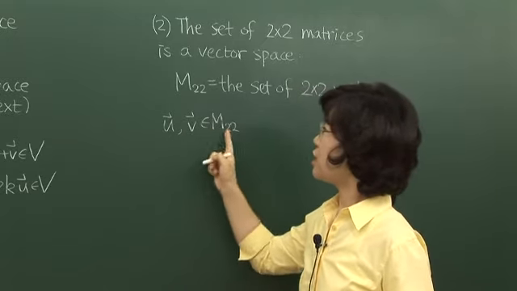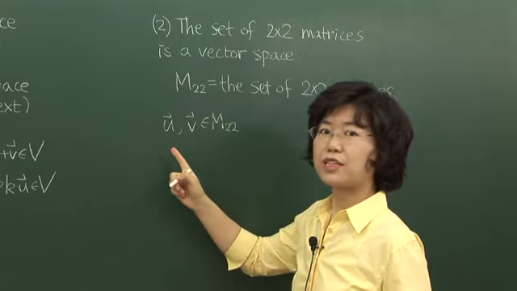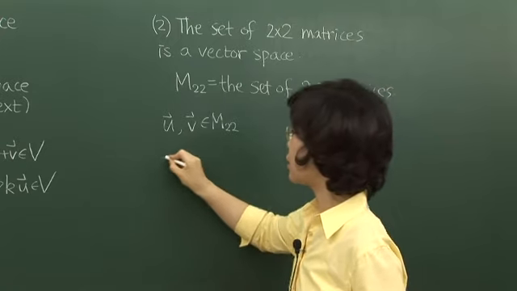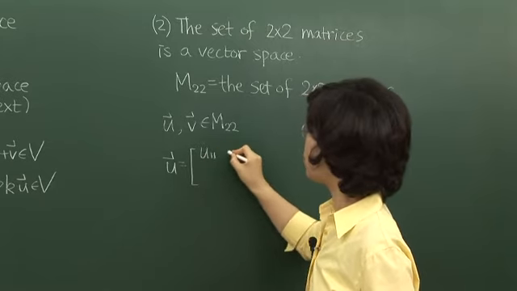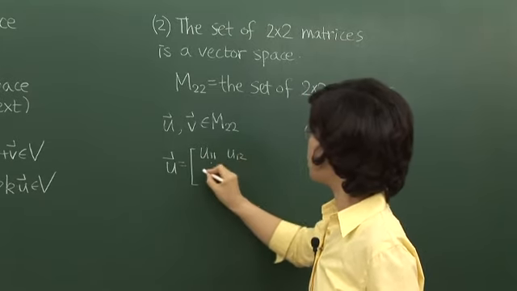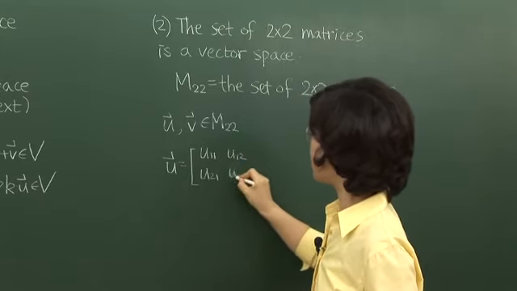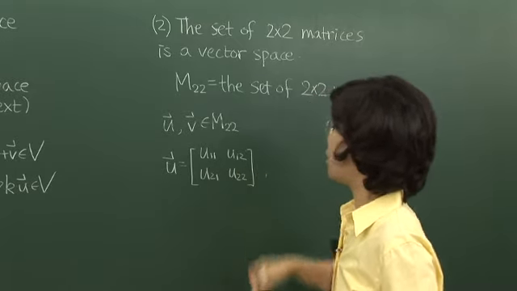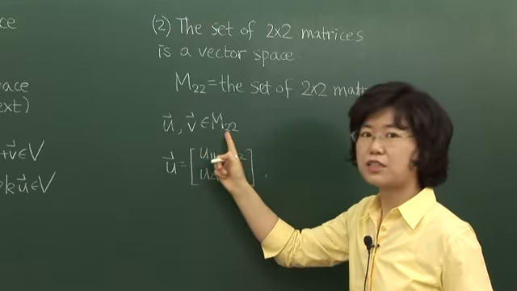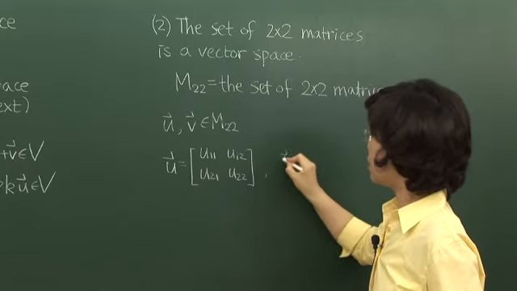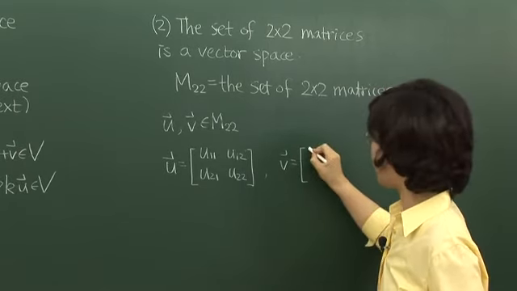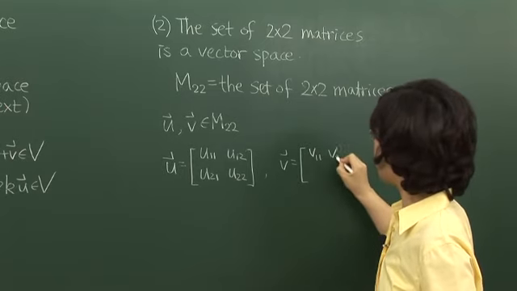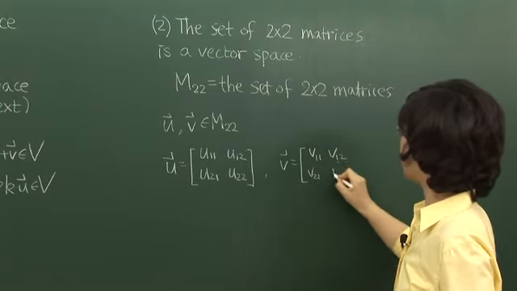U is an element of M22 means U is a 2 by 2 matrix. Say U can be written as U11, U12, U21, U22. Also, V is an element of M22. In other words, it is another 2 by 2 matrix: V11, V12, V21, V22.